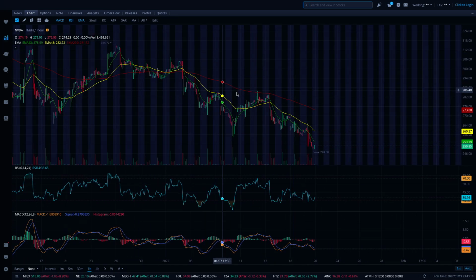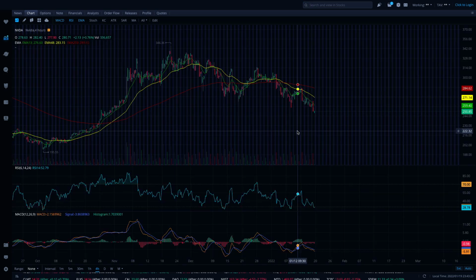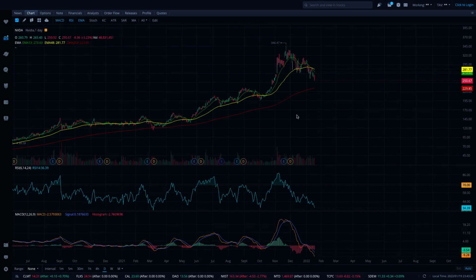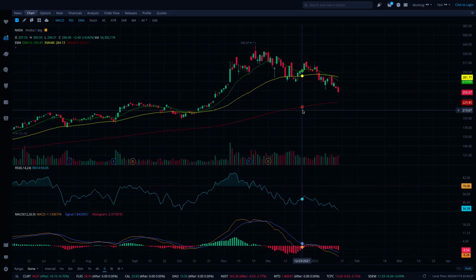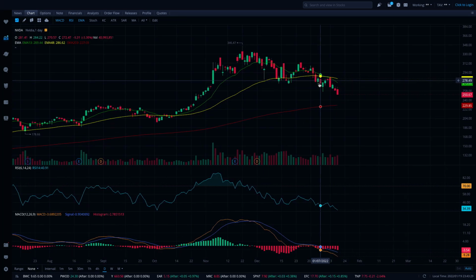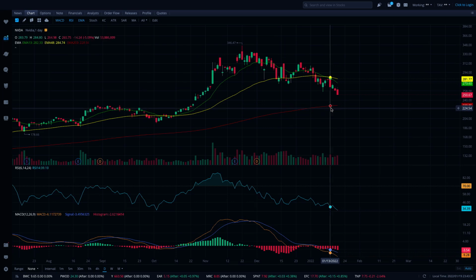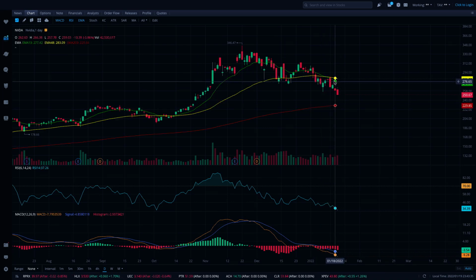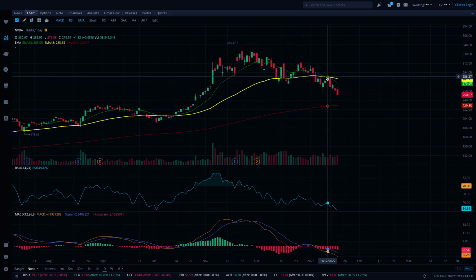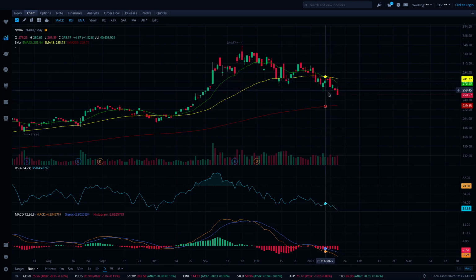And we could see that NVIDIA is in an overall downtrend, whether you look at it in the 1 hour, the 4 hour, or the daily. Even on the daily, we are above the 200 moving average, but the 13 has crossed below the 48, which tells us we might be bearish.